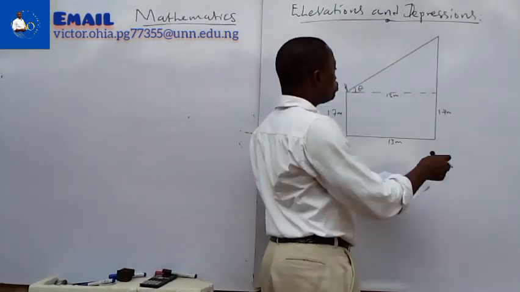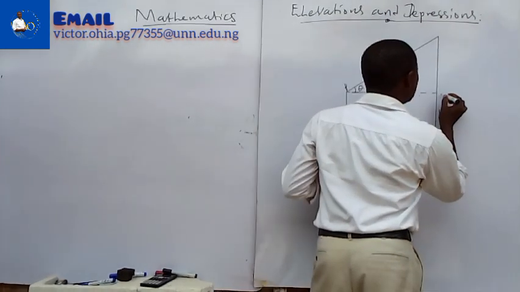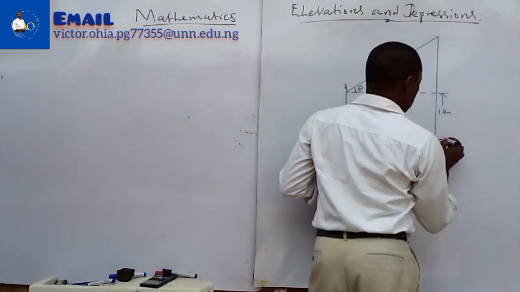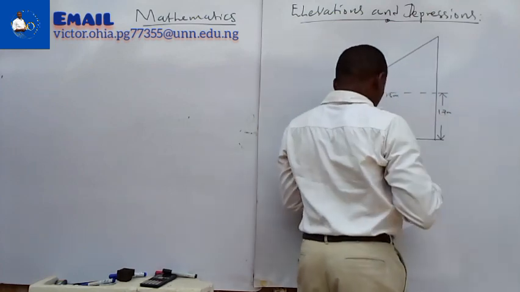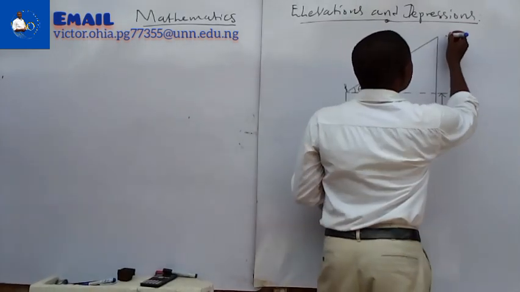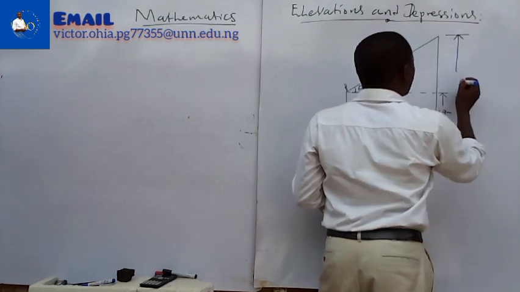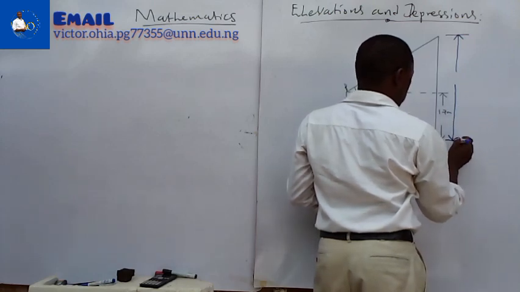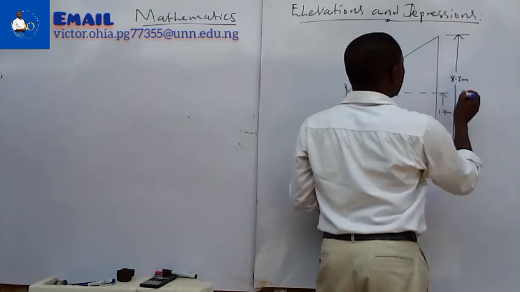They told us that this pole is 8.3 meters high. So this one you see me put here, I can differentiate it and make something like this. It will be 8.3 meters.